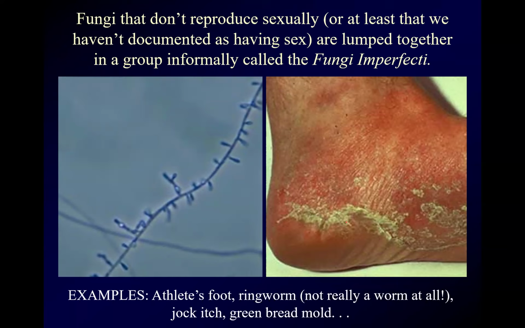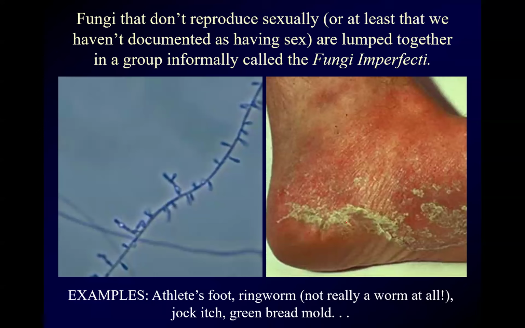Athlete's foot is caused by a mycelium of an imperfect fungus growing through the outer layers of your skin. So is ringworm. Ringworm is not really a worm at all. It makes these raised red areas that look like you've got a worm coiled on your skin, but that's actually caused by a fungus. So is jock itch.